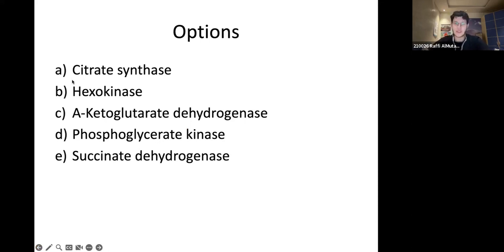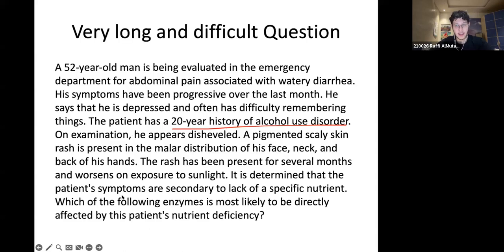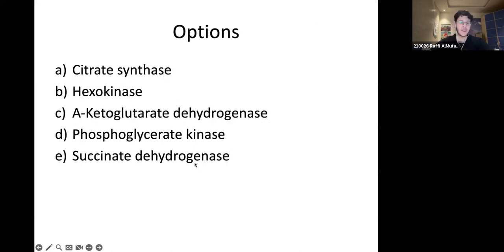Okay. So most likely you focused a lot on the rash. But the B2 deficiency dermatitis doesn't affect the hands and all that. It just affects the face, the mouth and the lips. The answer is alpha ketoglutarate dehydrogenase.